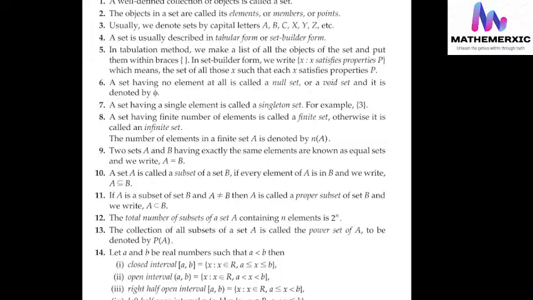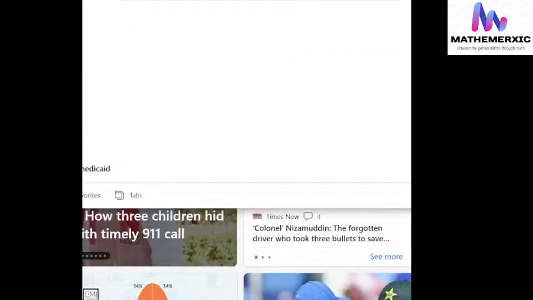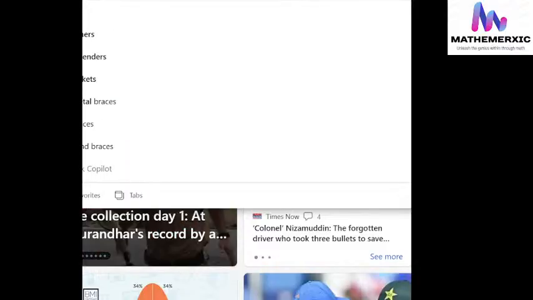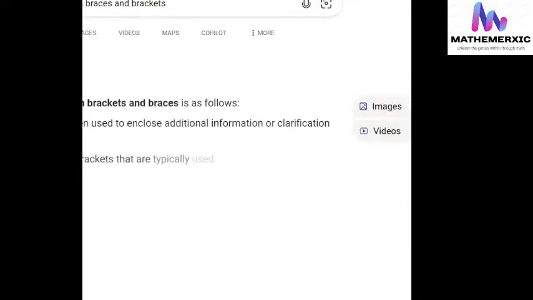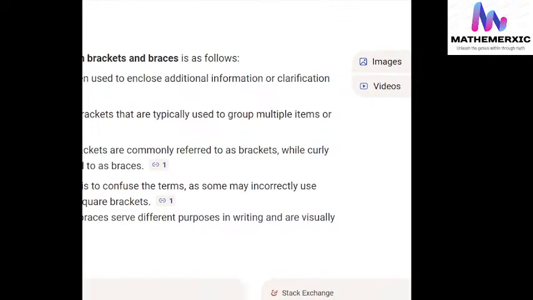In set builder form, brackets are often used to include additional information or clarification within text, and braces are usually used to group multiple items or sets together.